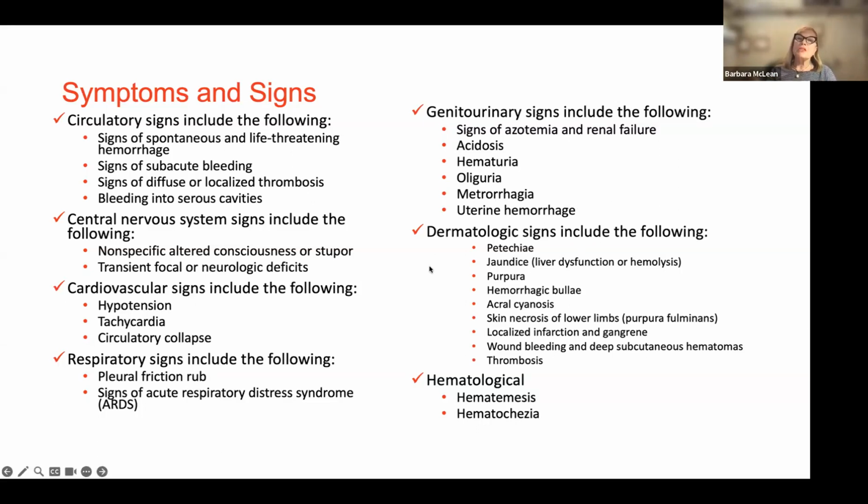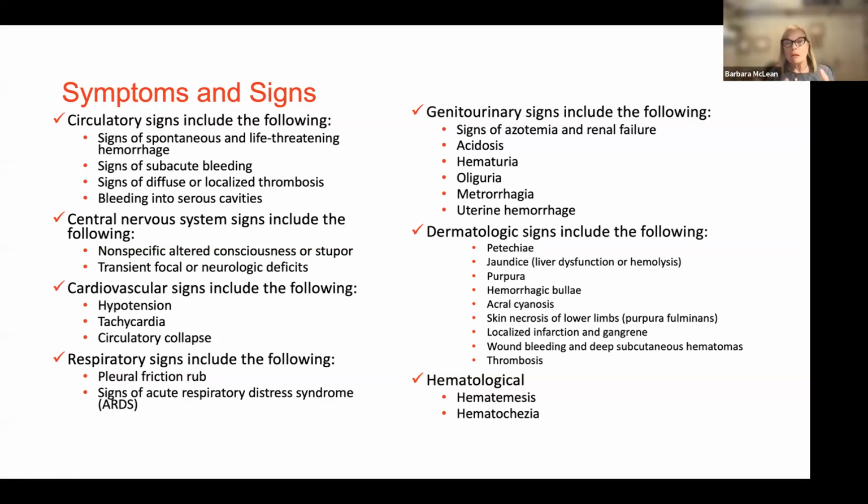Now, if this happens under my care and during my shift, this is going to be much more specific. If my patient has petechiae, he's developing purpura, he has hemorrhagic bulli, so he's got like little blood blisters. He has peripheral cyanosis, that's known as the acral cyanosis. If there's some skin necrosis, purpura fulminans of the lower limbs.